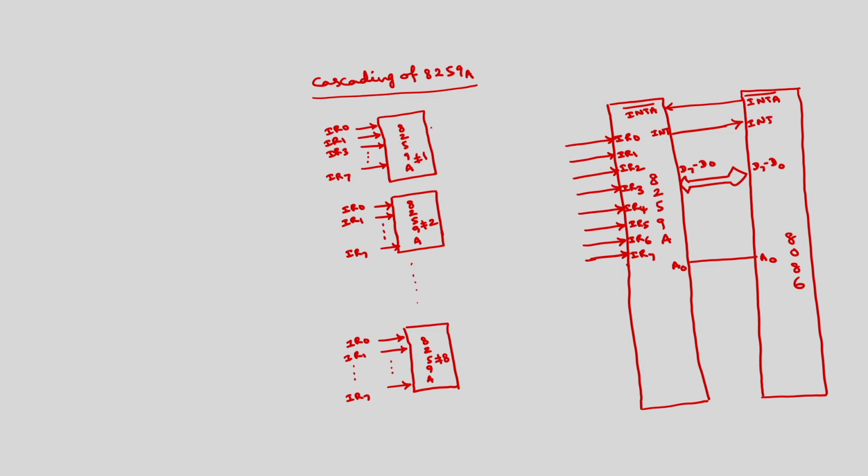Now the INT of this 8259A. So each 8259A will be having one INT. So this INT will be connected to IR0 of this or to any of this IRs of the 8259A master. This is called master. And these are all called slaves.